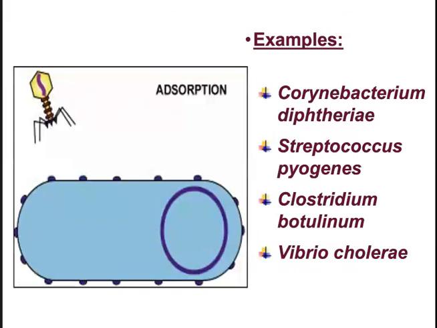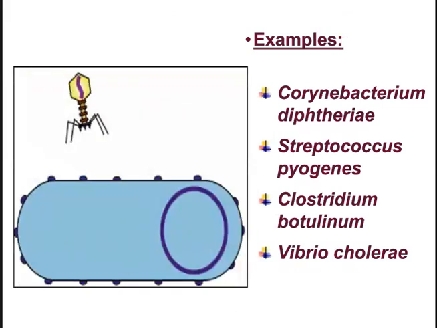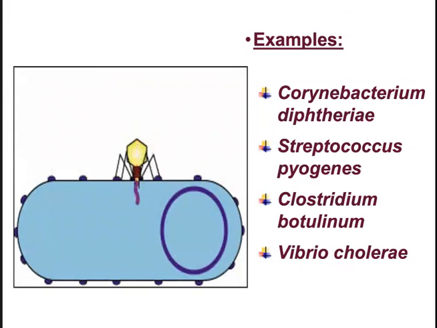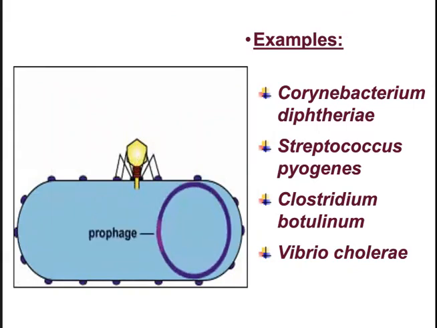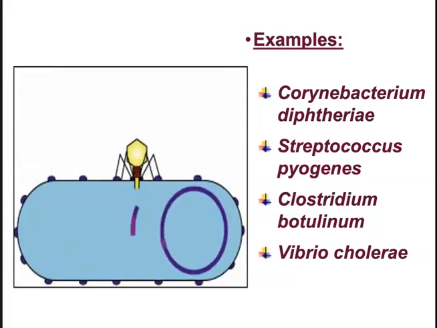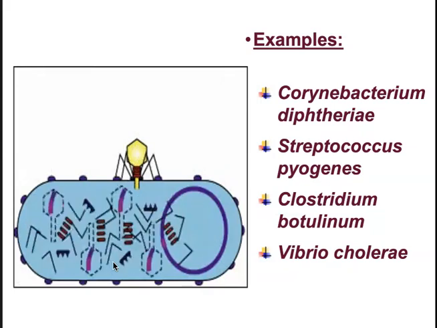Now let's take a look. So here comes a temperate phage with the viral genome. It infects the bacterium with its viral genome. The viral genome is allowed to combine with the host bacteria, creating the prophage. Once they replicate genetic materials, the genetic material may carry a portion of the host and the temperate phage.